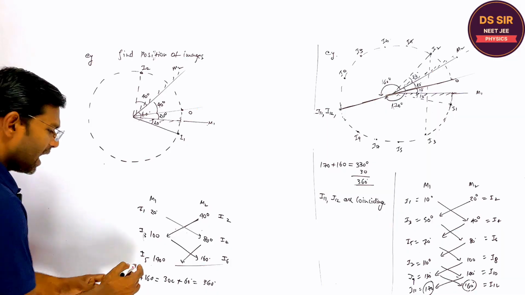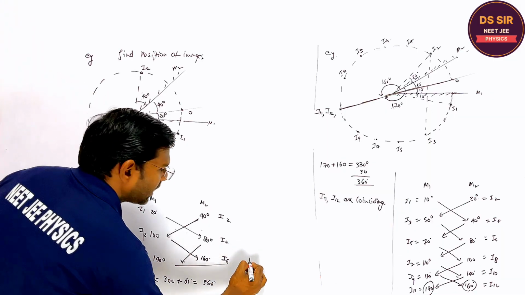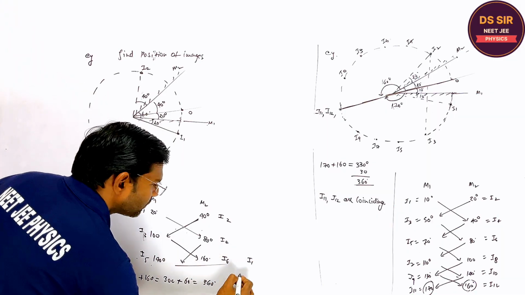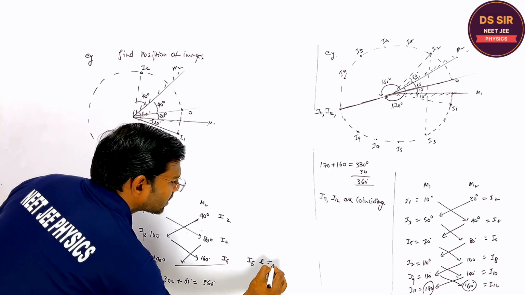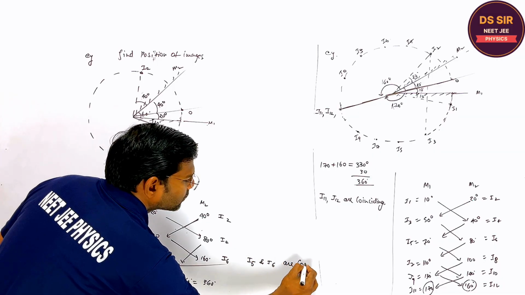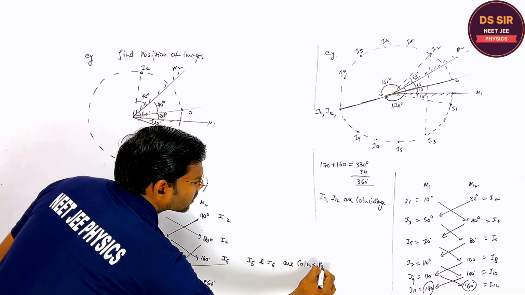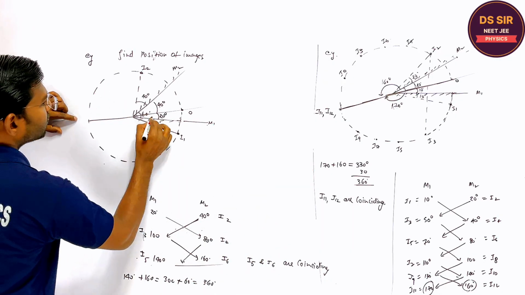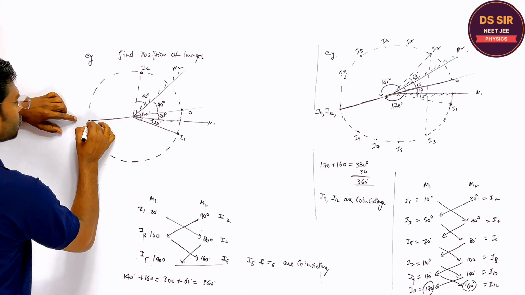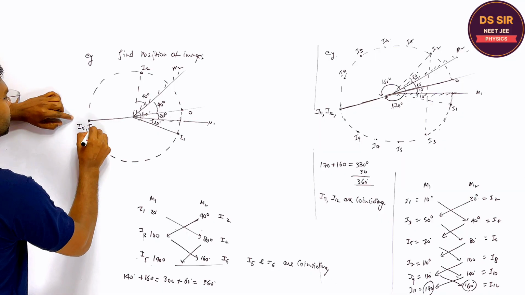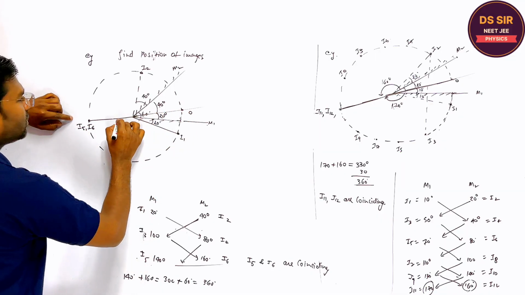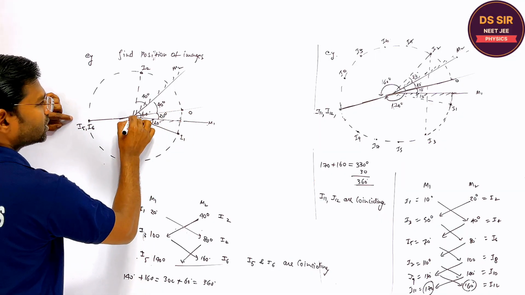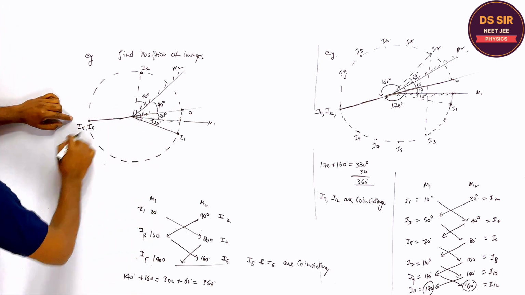So it means I5 and I6 are coinciding, right? This is the thing. And if this is the object, the I5 and I6 definitely will be on the line joining this point and the object, like this on the circle.